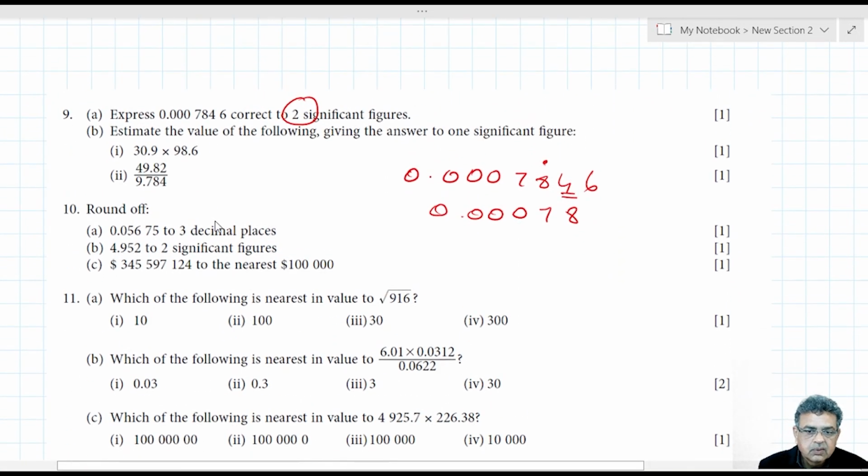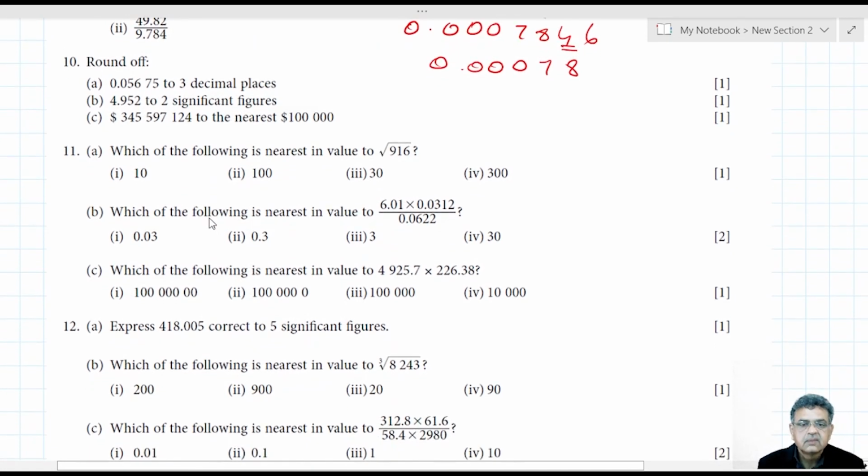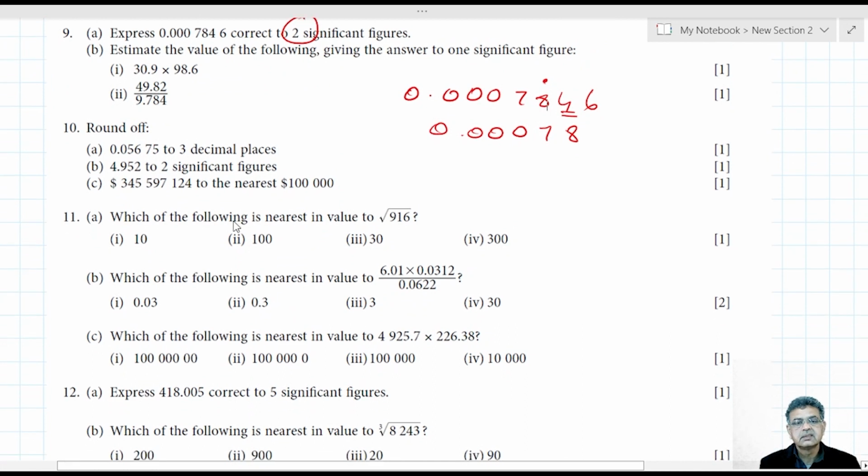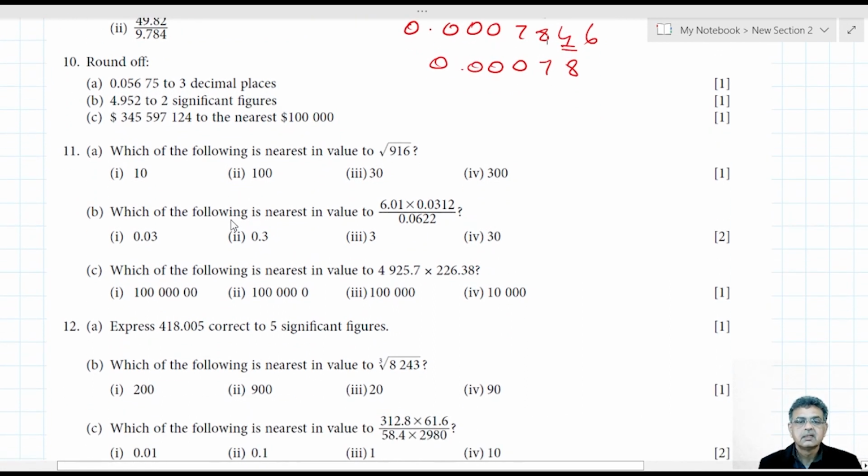Okay, so I hope that you have got the idea of significant figures. So these are the remaining questions. If you want to practice for more accuracy and more clear understanding, I suggest that you should do these questions by yourself. By stopping the video, you can look at these questions.